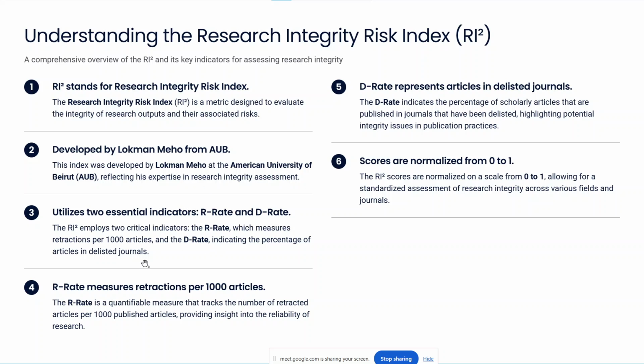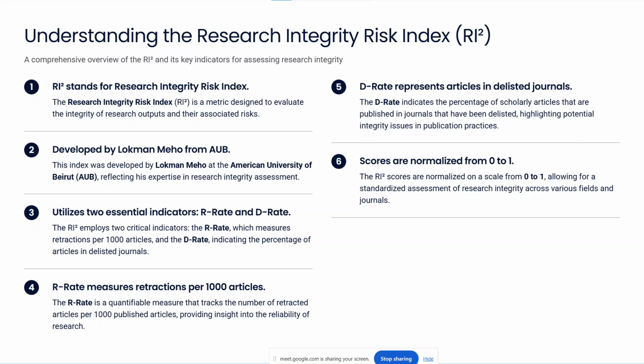In the same way, there is the delisted publication rate: the number of delisted publications out of 1,000 articles. And this RI square is normalized and measured on a value from 0 to 1.